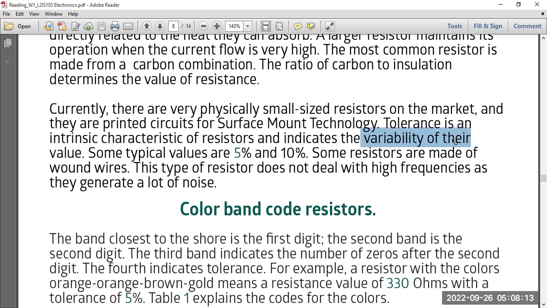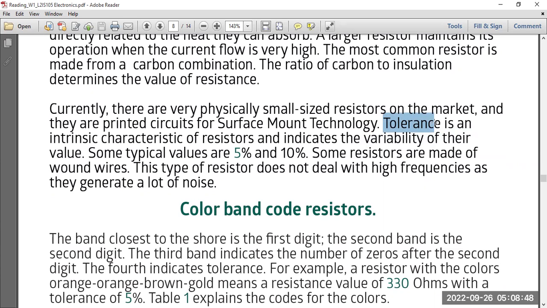There will be some variability of plus or minus something. It may not be exactly 80,000. It may be some value above or some value below. And this is indicated by a color combination which represents the tolerance. So there are two typical values, and those are 5% and 10%.